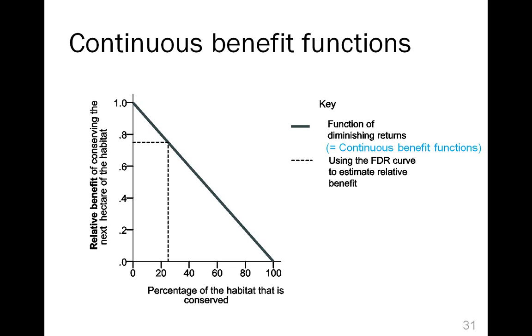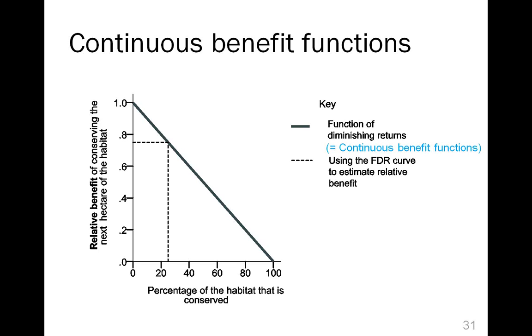So getting into this quickly, this is kind of the meat of it, but I do want to at least have 10 minutes for discussion, so I'm going to go through this quickly. The idea here is that on the bottom axis, when considering a particular habitat or any other element that you want to represent in your landscape, you look at the percentage of it that's already conserved.